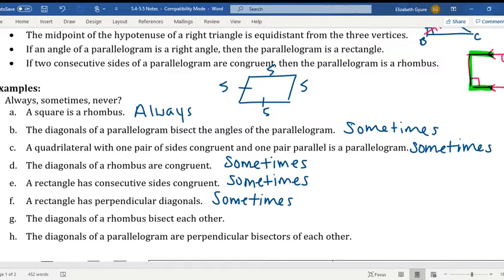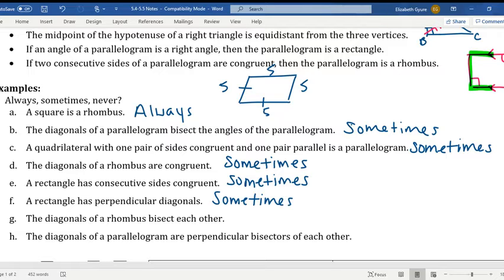So, part G, the diagonals of a rhombus bisect each other. What shape has the rule that the diagonals bisect each other? Okay. You're not wrong.